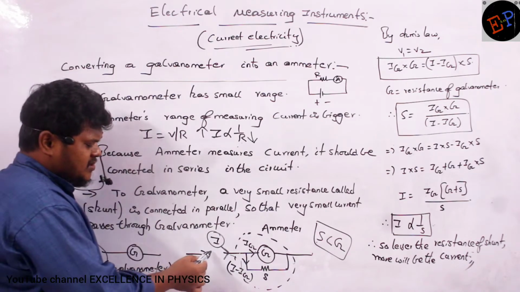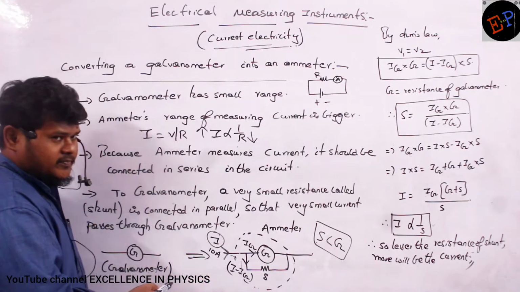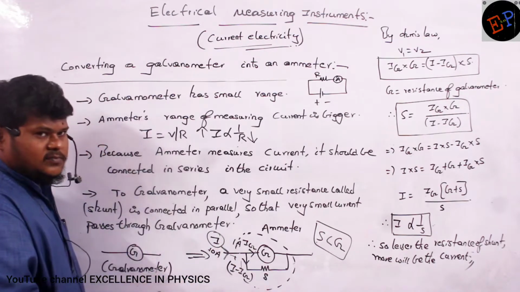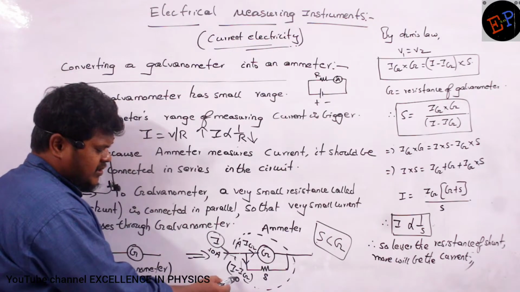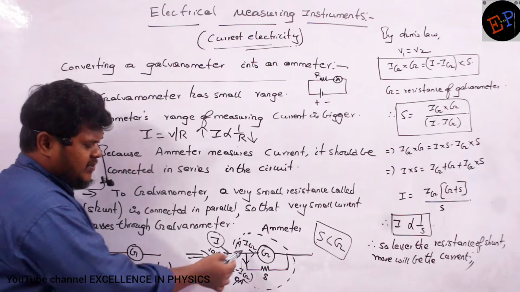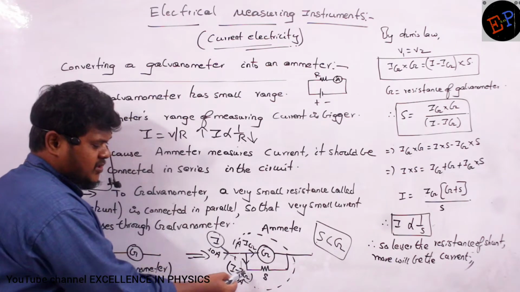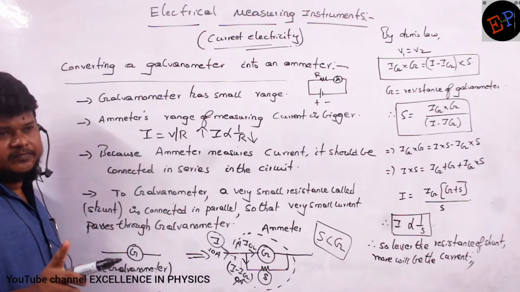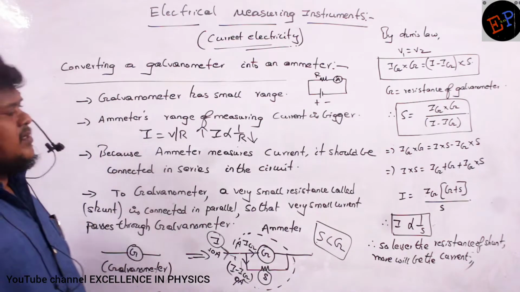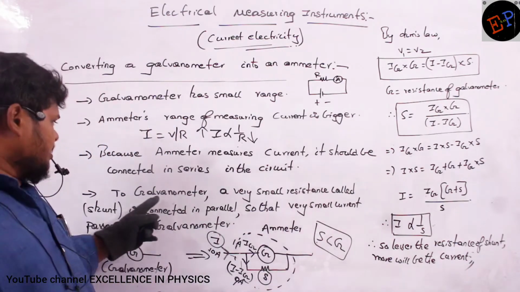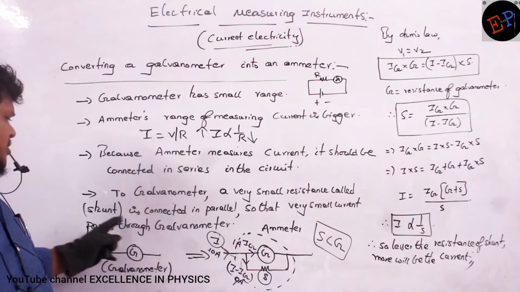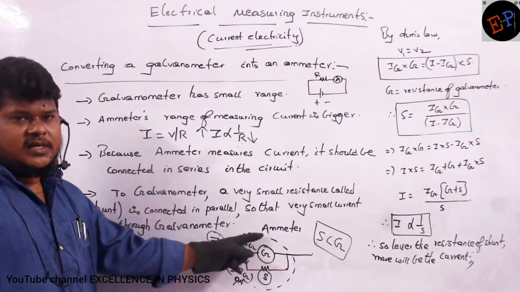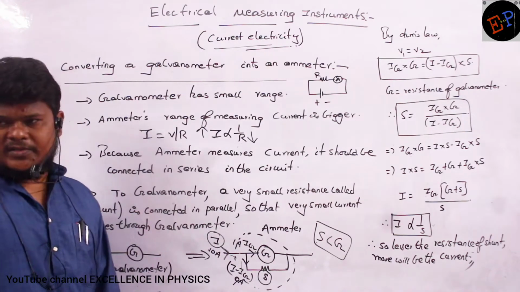For example, let us consider 10 amperes is the total amount of current. Out of 10 amperes, the galvanometer can handle only... understand?